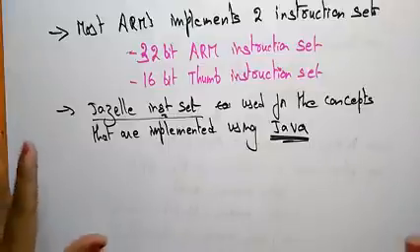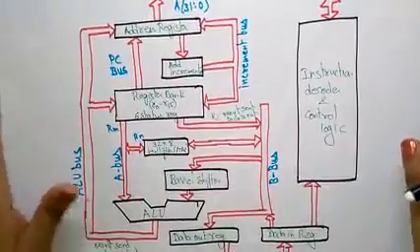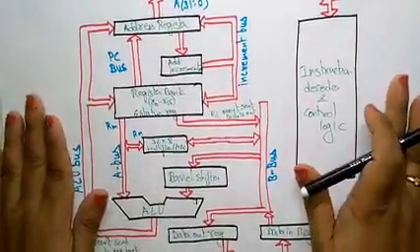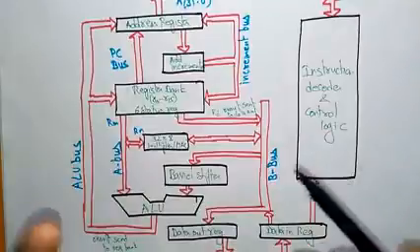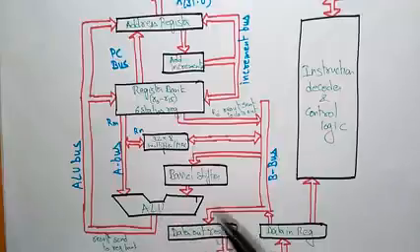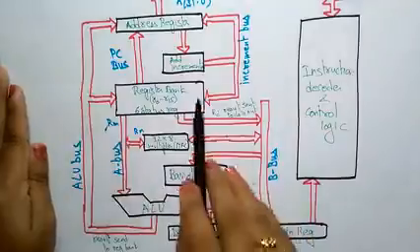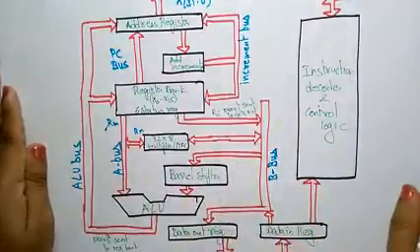Okay, now let me explain the basic ARM organization. I want to show you the diagram. This is a basic ARM organization. In this ARM architecture, we are going to learn how the data flows, where we get the data from, how it is executed, and how it is managed internally. Whatever directions you see here, this red line, is the data flow.